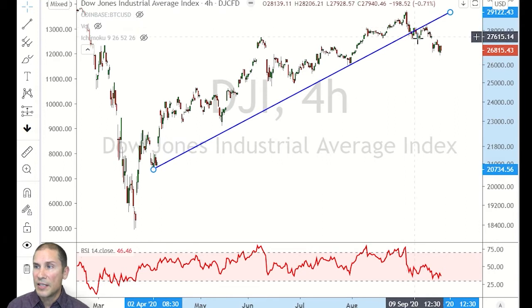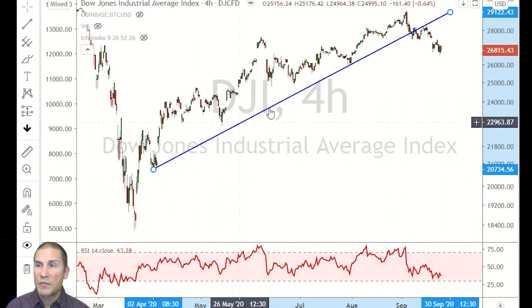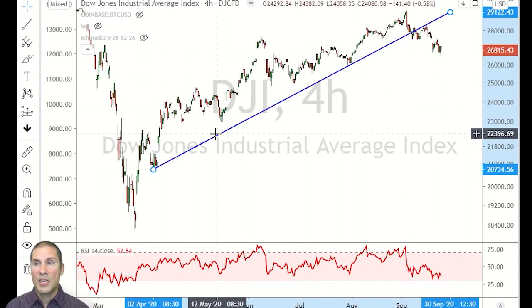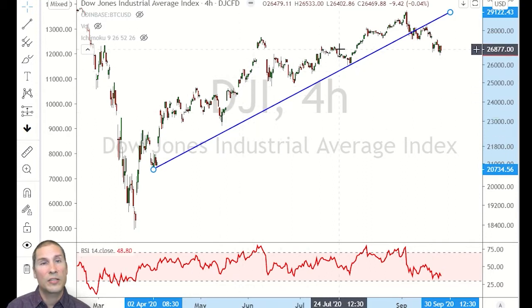Now since then, recent times, Dow Jones has sold off and has dropped below this market. But pretty much from April all the way through till early September, Dow Jones has been in an uptrend. And you could easily tell that by taking a look at the chart and seeing, all right, prices are above this upward sloping trend line.